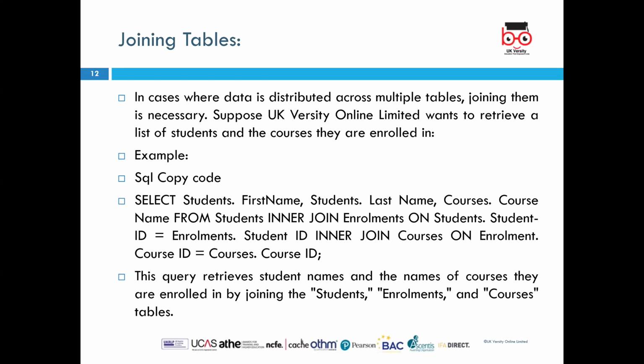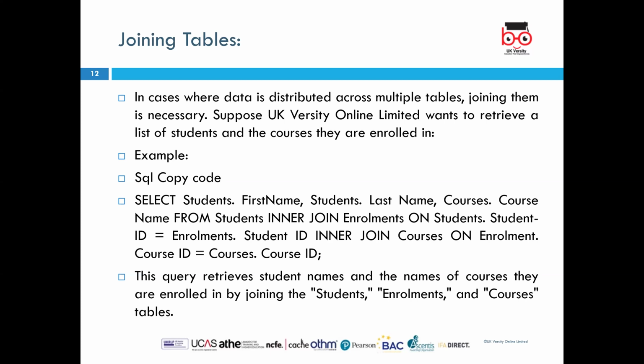This query retrieves student names and the names of the courses they are enrolled in by joining the students, enrollments, and courses tables. Here you can see there are three tables from which the data is joined, and the data is fetched regarding the students' names and the names of courses they are enrolled in.